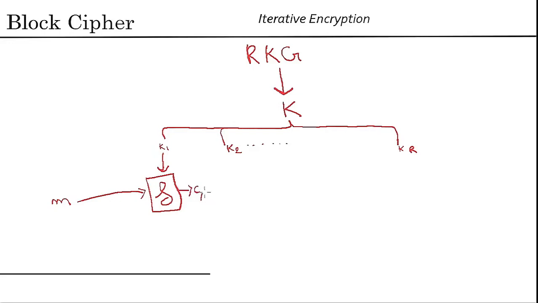Now C1 is encrypted again via the same function F, but this time using the second key, K2, to transform C1 into C2. The same process goes on until we reach CR-1, which goes to the same function F that uses KR to transform CR-1 into C, the final encrypted message that will be sent.